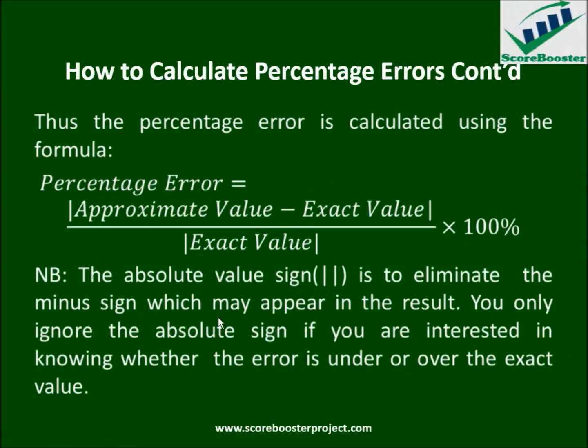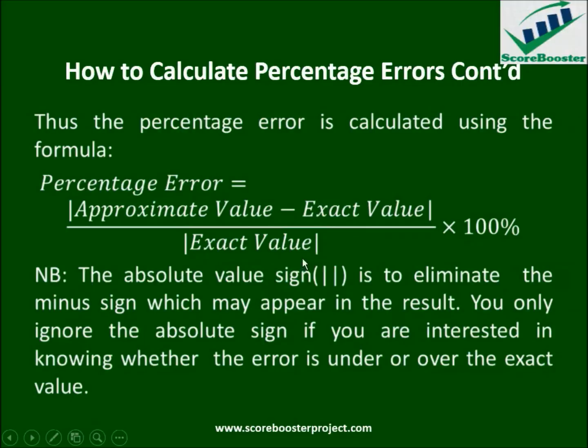Note this: the absolute value sign is to eliminate the minus sign which may appear in the result. You only ignore the absolute sign if you are interested in knowing whether the error is under or over the exact value. So in essence, in order to know whether the approximate value is more than the exact value or less than the exact value, you may ignore the absolute sign.